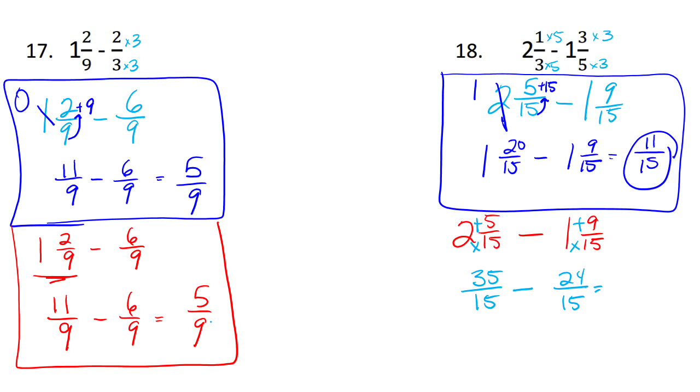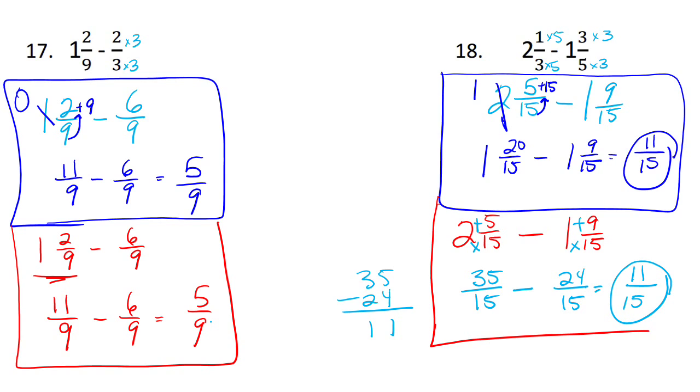And if we subtract these, 35 minus 24, that comes out to 11 over 15. And so here we have two different strategies we can use. We can do borrowing from the whole, which is our first method, or we could just make them improper and subtract them, which is our second method.